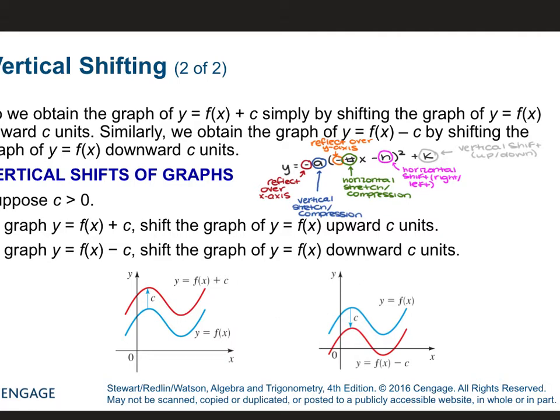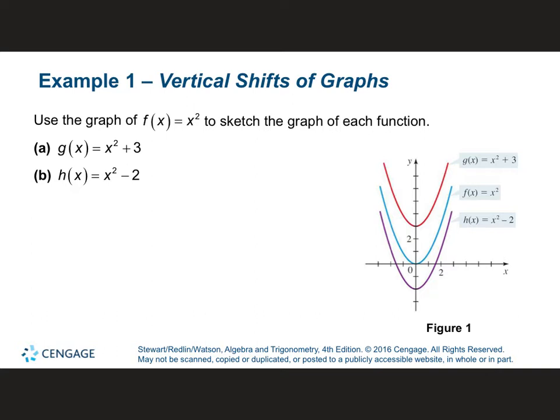So if we look at some examples, for example 1, we're not going to be graphing these. We're just going to be identifying the transformations. We have for A, g of x is equal to x squared plus 3. This plus 3 is not inside the parentheses, so it is what you see.